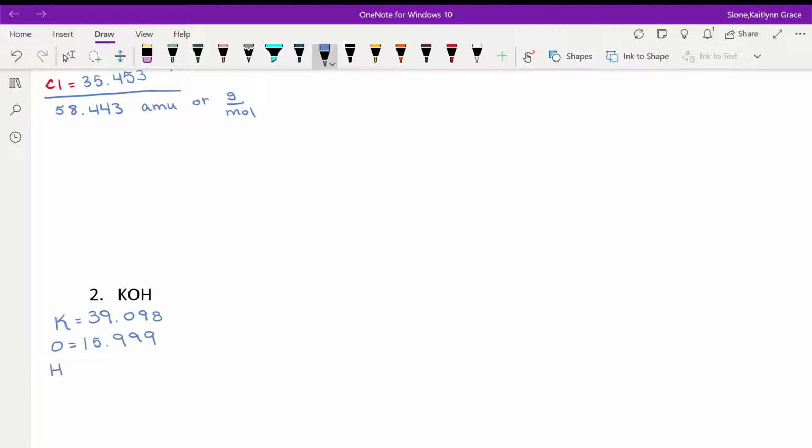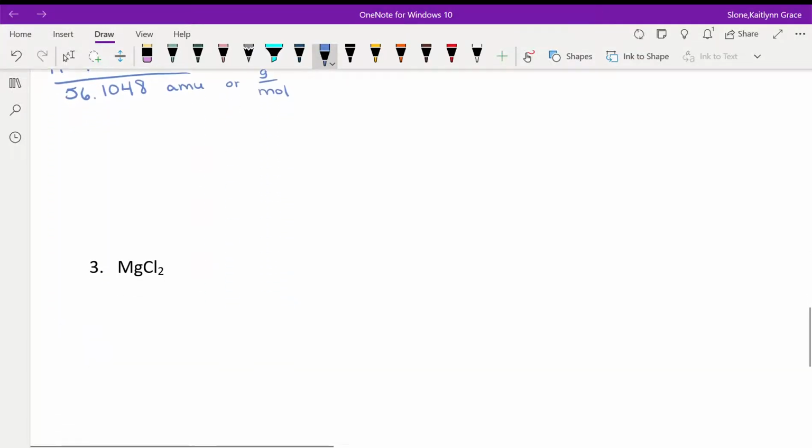Finally, hydrogen, 1.0078. So we add those up, we get a total of 56.1048 AMUs, or sometimes we see it reported as grams per mole.